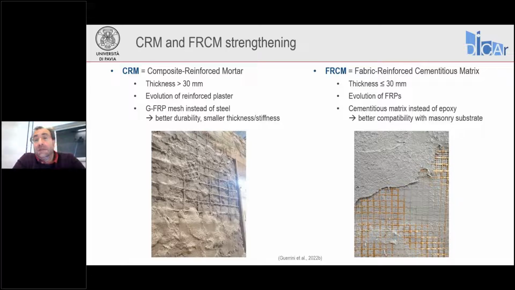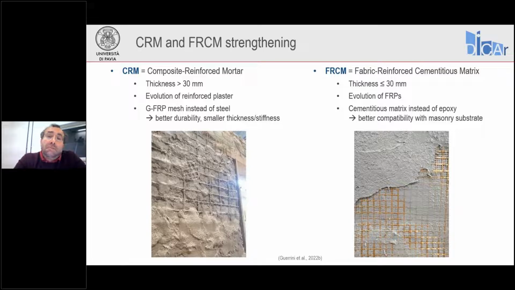On the other hand, FRCMs are the evolution of FRPs. Now, in this case, one problem with the adoption of FRP is the lack of compatibility, material, chemical compatibility between the epoxy resins that are used to form the FRP and the old masonry layer where this material is applied.